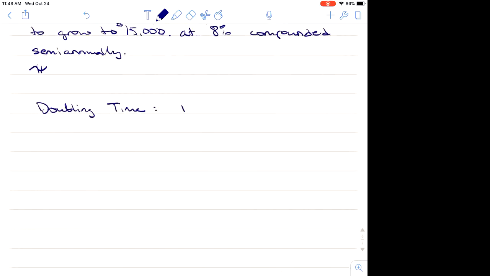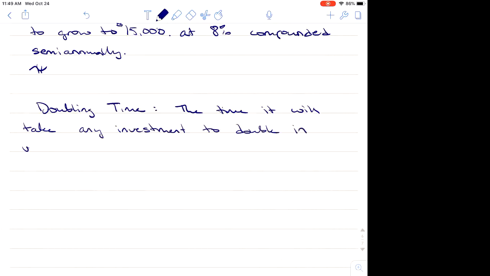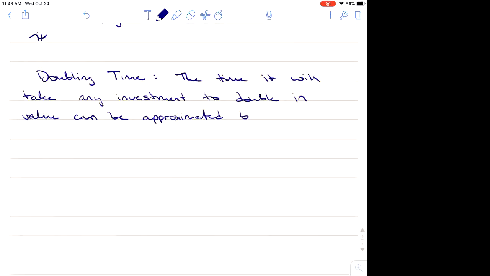Okay, so doubling time. The time it will take any investment to double in value can be approximated by the rule of 72.